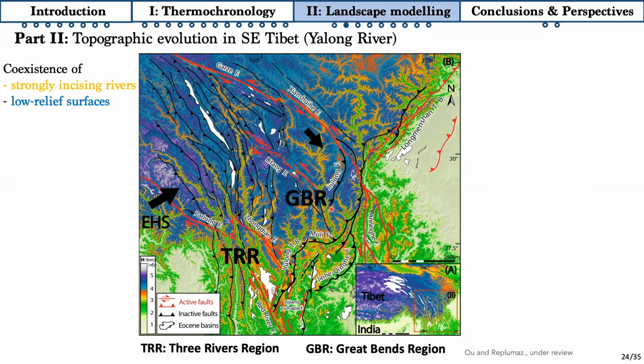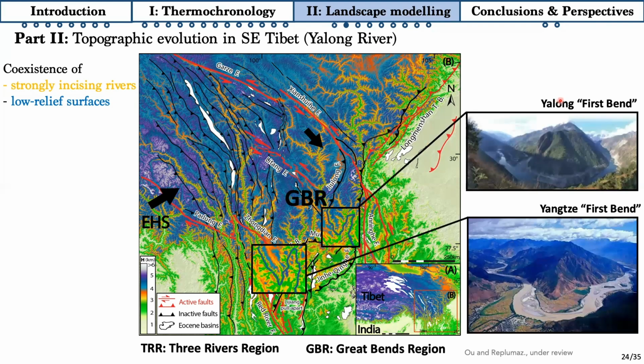To the east is the Great Bend region, which is dominated by a northwest to southeast decompression, generating northeast to southeast large-scale thrust belts. And we can also see these thrusts have shifted the river courses to the northeast, as we can see on this photo of the Yalong, the first bend, and the first bend of the Yangtze River in this region.